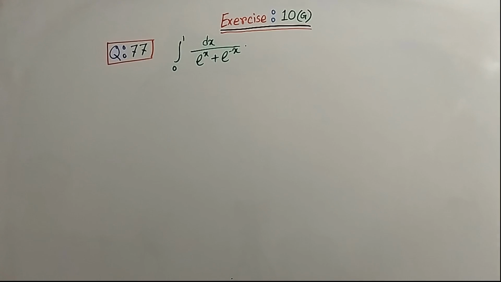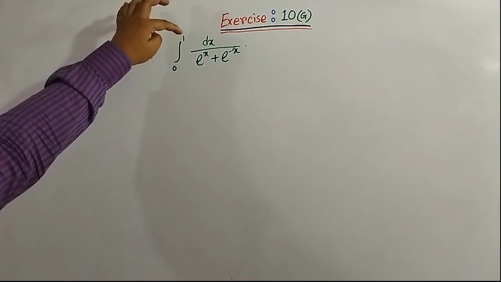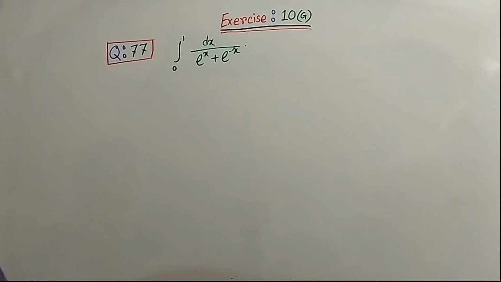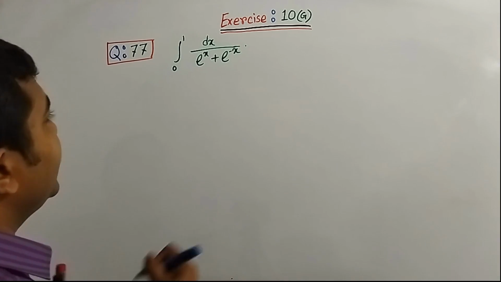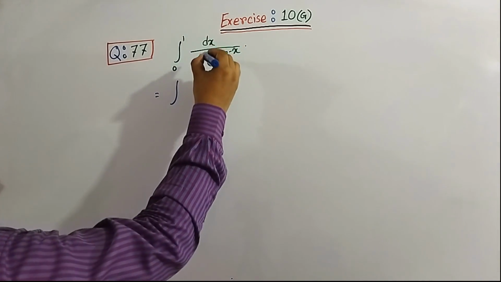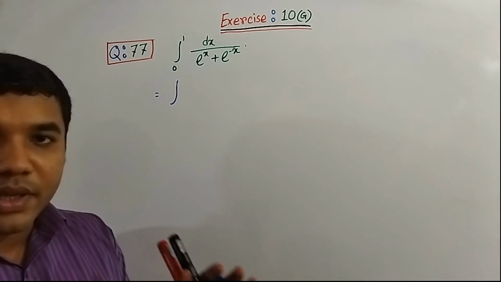So dear students, our next problem is question number 77, and here is given integral from 0 to 1 of dx over e to the power x plus e to the power minus x. To solve this type of problem, we can multiply the denominator and numerator by e to the power x.